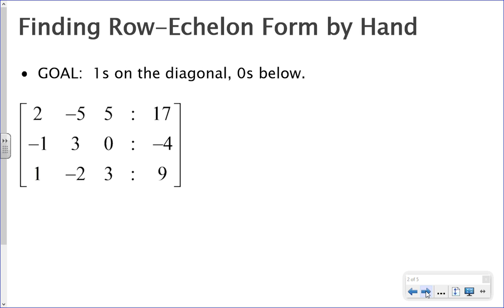Add row 3 to row 2, to become our new row 2. Okay, so Chris's idea is to take row 2, add row 3, and that is going to replace the row 2.